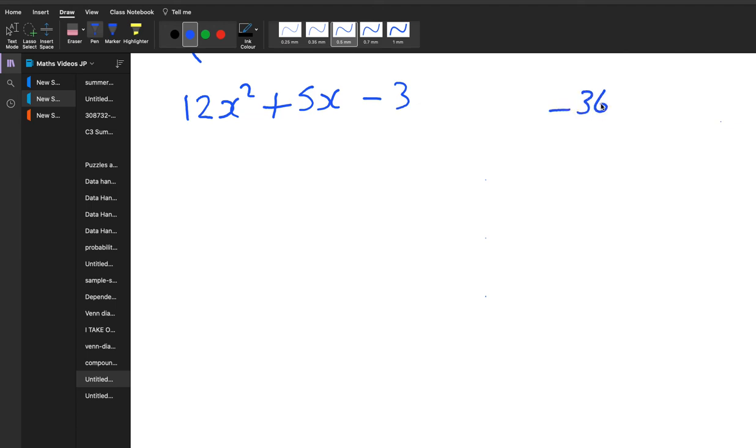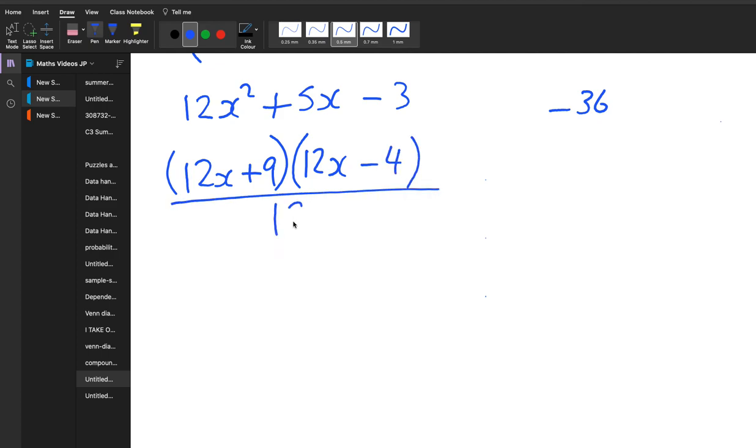Then we need two numbers that multiply to give minus 36 and add to give 5. Okay, I need to think about this one. 9 and minus 4. Yeah, 9 and minus 4 works. So we get 12x plus 9 and 12x minus 4. And of course, we're dividing it all by 12.